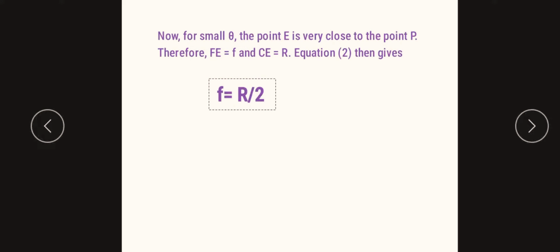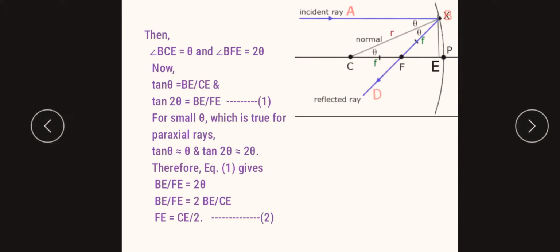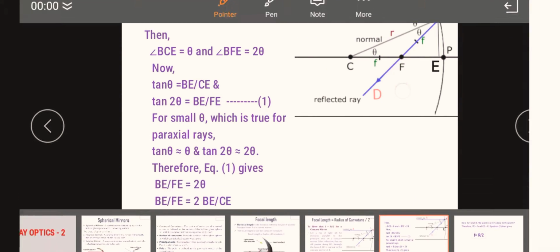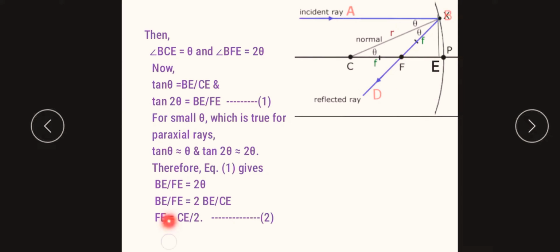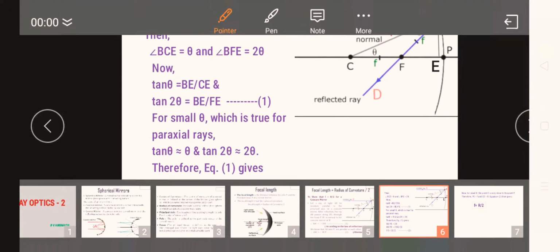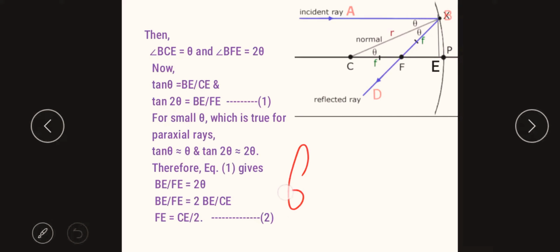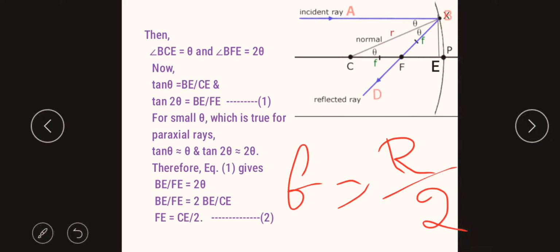Then finally, equation 2 becomes: the distance from F to E, which we call small f, is equal to CE divided by 2, where CE is the distance from the center of curvature to E, which we take as R divided by 2. Hence this is the relation between focal length and radius of curvature.